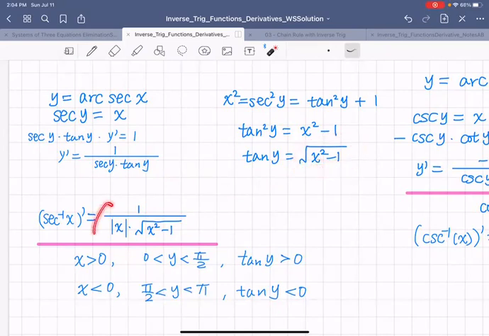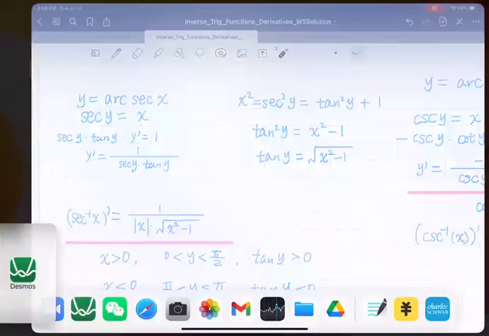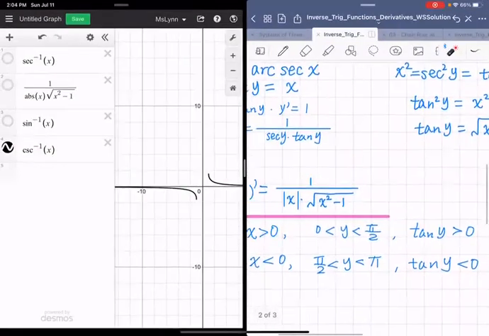When you remember this formula, this is a very tricky part. You need to put an x absolute value here. The reason you want to keep x as an absolute value is because of this.